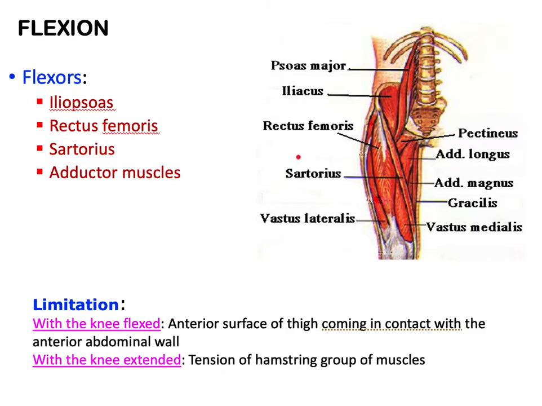Now, let us start with the first movement, which is flexion. Flexion is like when you step forward, right? There are a couple of acting muscles there. In order to move your lower limb, or to do flexion of the hip joint anteriorly, this group of muscles should be contracted.